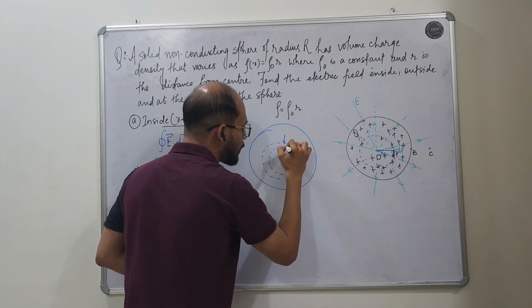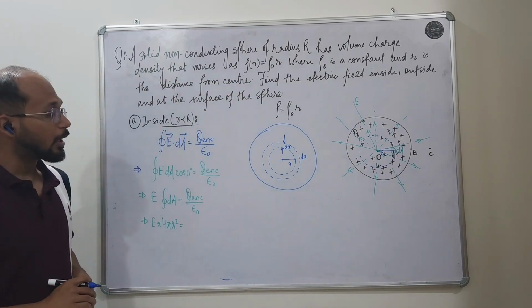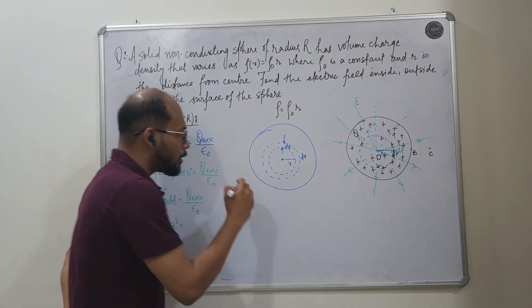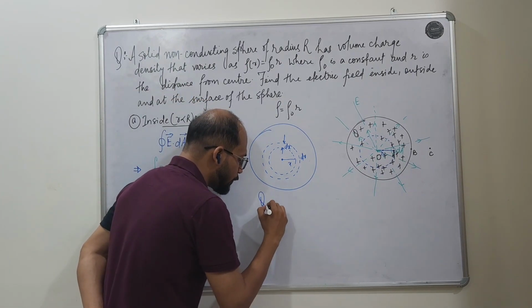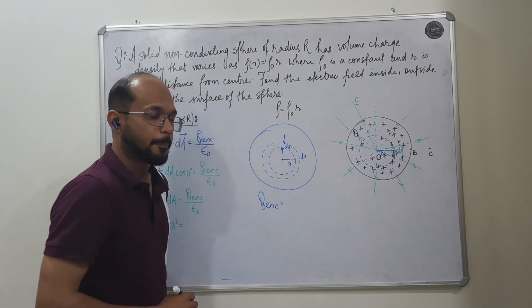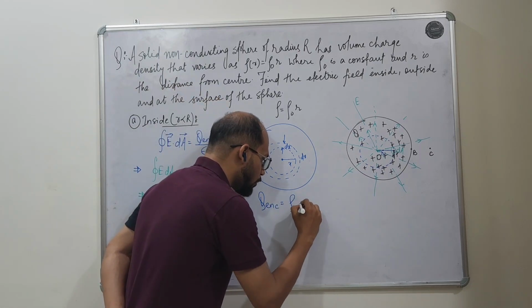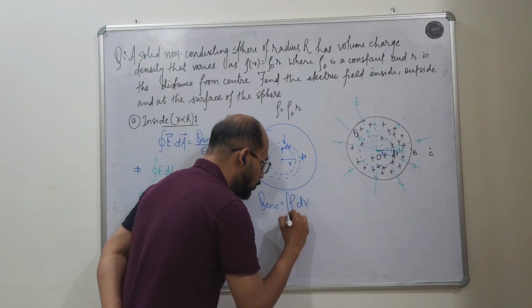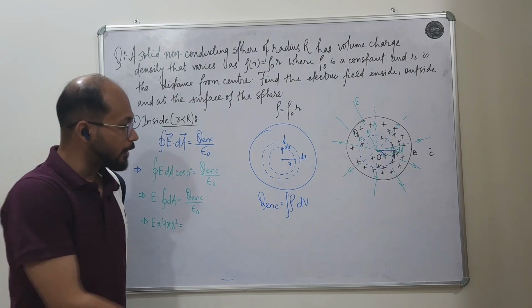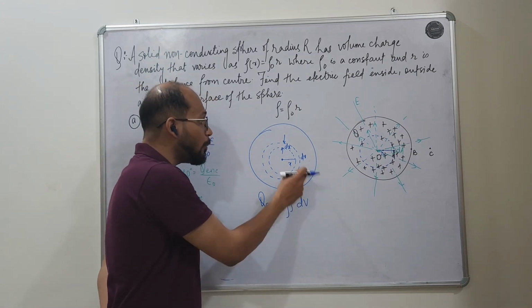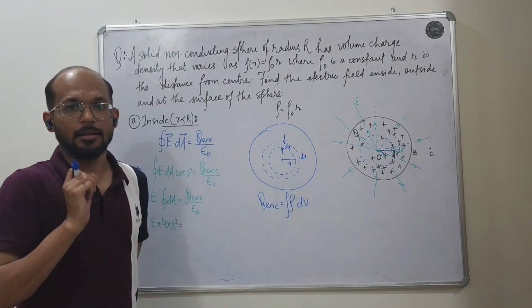Now, here the value of Q enclosed will be the closed integral of rho into dV, where dV is the volume of this elemental cell.